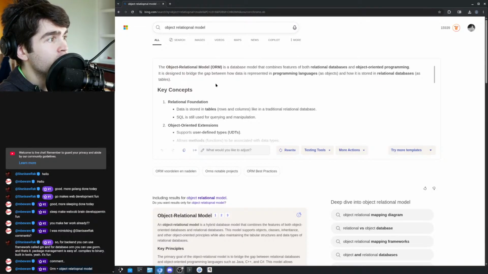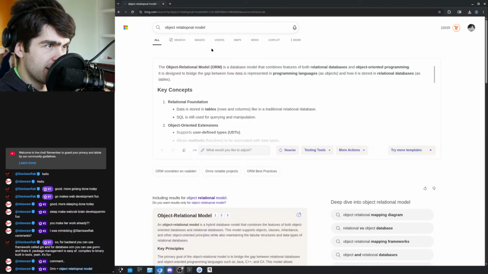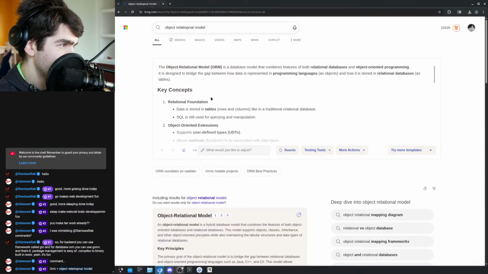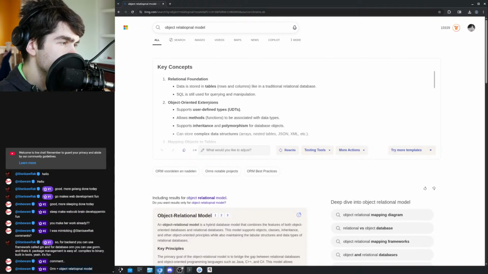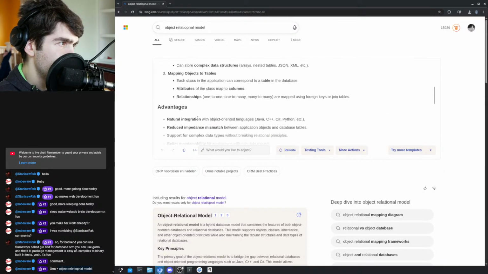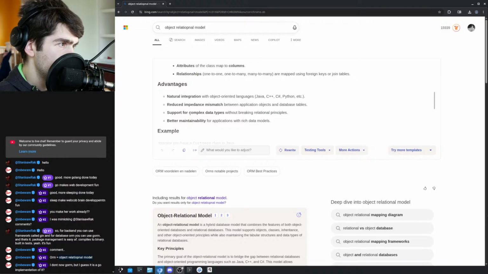It is designed to bridge the gap between how data is represented in a programming language as objects and how it is stored in a relational database as tables. Okay, so it's just a simpler way to map your objects to specific things. Cool.